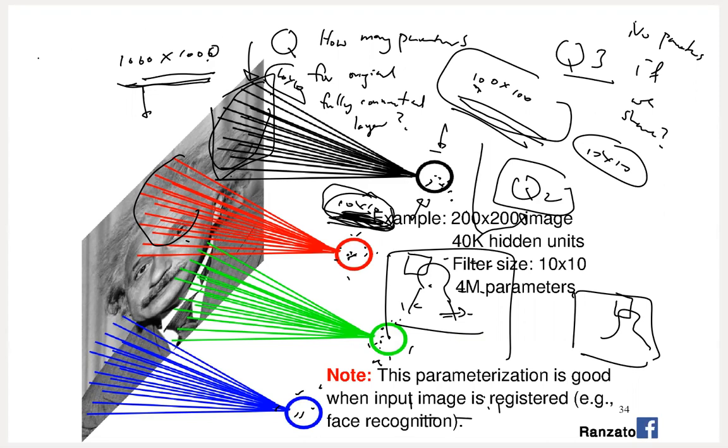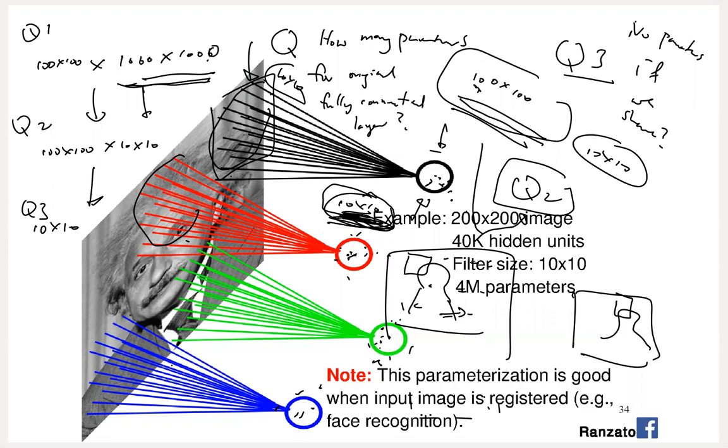If I summarize, we start with 100 by 100 by 1,000 by 1,000. If I reduce the reception field, I have 100 by 100 by 10 by 10. And if I further share the parameters, I will just have 10 by 10. And this is basically the CNN layer.